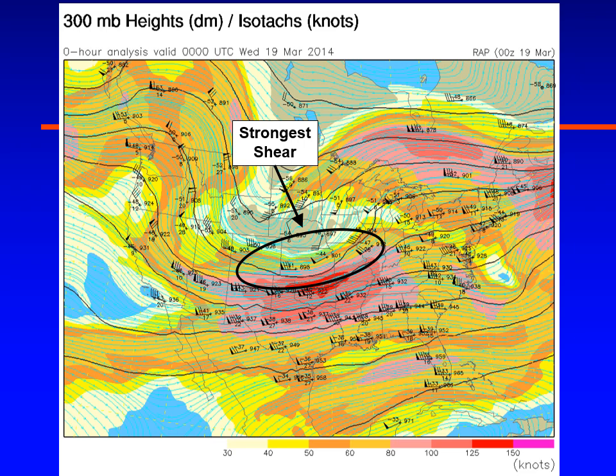Notice how the winds there are about 125 to 130 knots, and by the time you get to Nebraska, the winds are only 10 knots in North Platte, Nebraska. So there's a very rapid change in wind speed on the north side of the jet stream, and that is where you're going to find the clear air turbulence in the upper front.